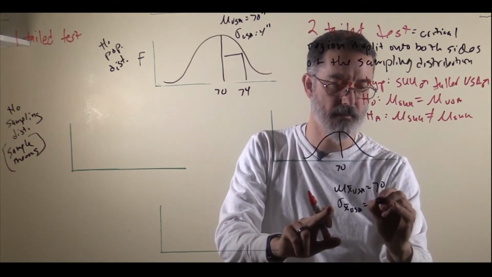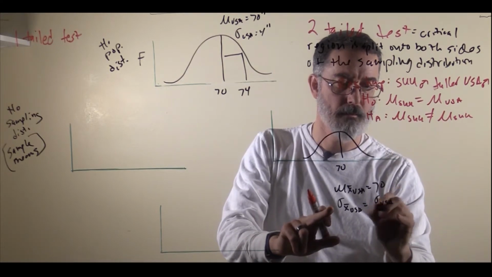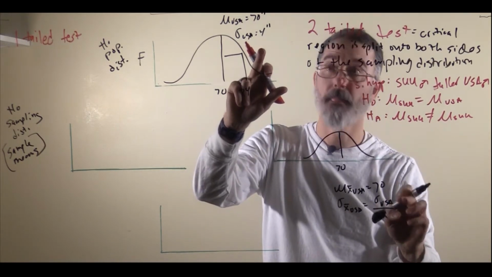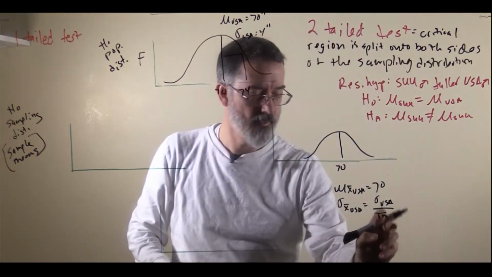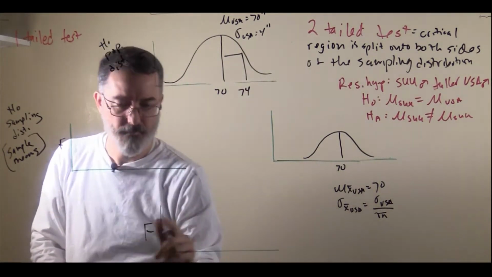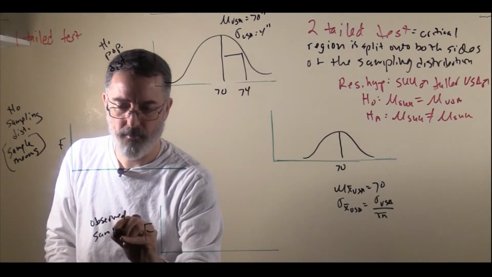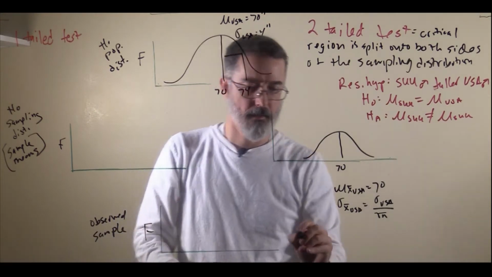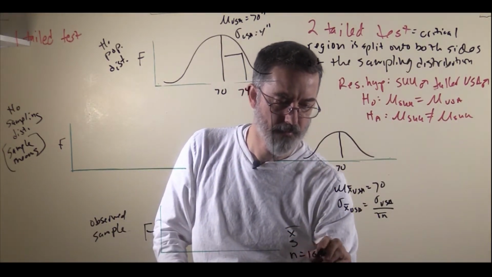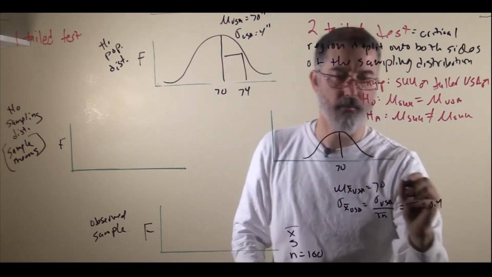The standard error is the standard deviation divided by the square root of the sample size, and so this is going to be our observed sample. And if our observed sample has a sample size of 100, then 4 divided by 10, 0.4.